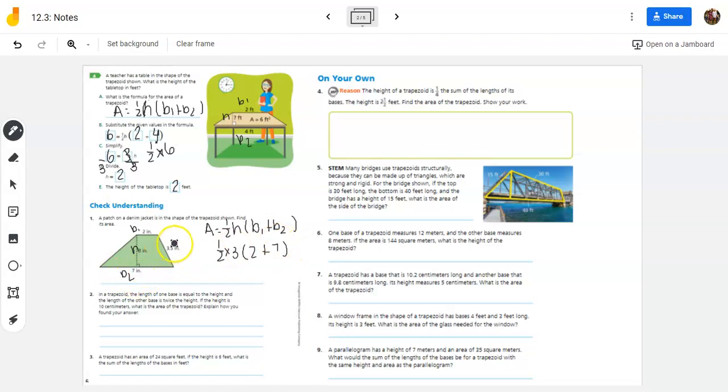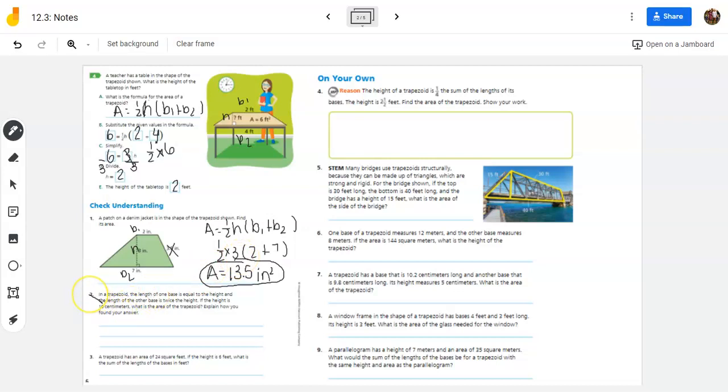This other number here, they just threw that in to mess with you to see if you could figure it out or not. I'm going to type this into my calculator, and when I do that, I have the area equals 13.5 inches squared. When you type this into your calculator, make sure you're using your parentheses, okay?